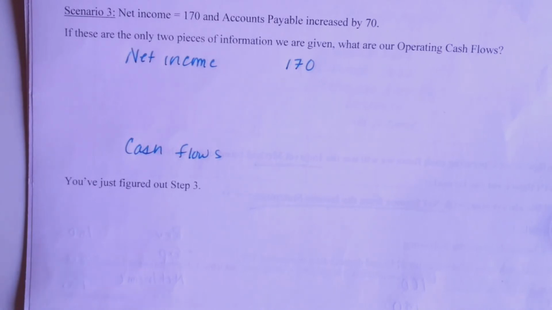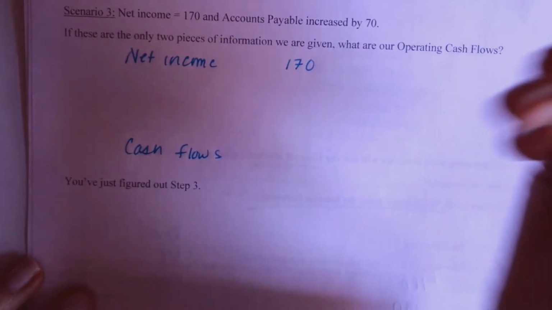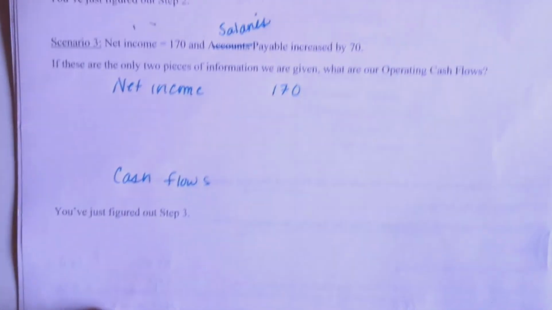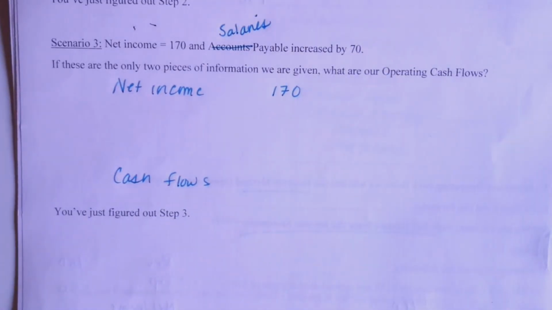And you know what, to make this super easy, I'm going to change this from accounts payable to salaries payable. I think it makes the explanation just a little easier to understand.